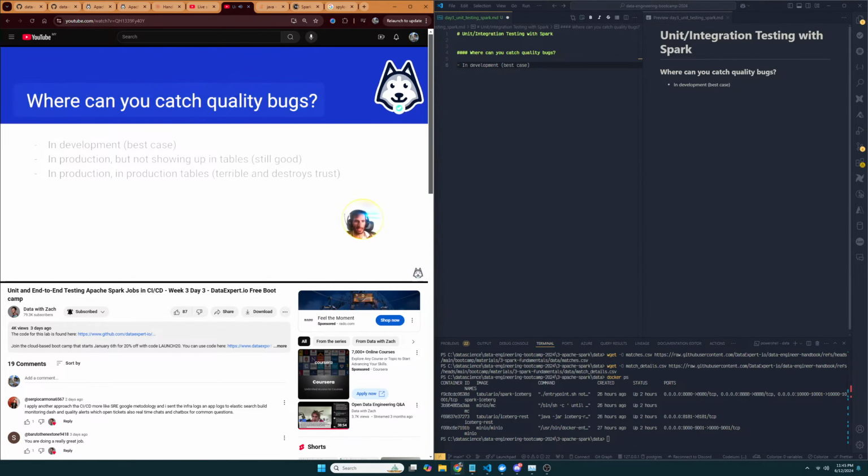Usually there's going to be three cases. The first case is you catch the quality bug in development. So when you're writing the pipeline, you catch the bug, and then you fix the bug before you deploy to production.